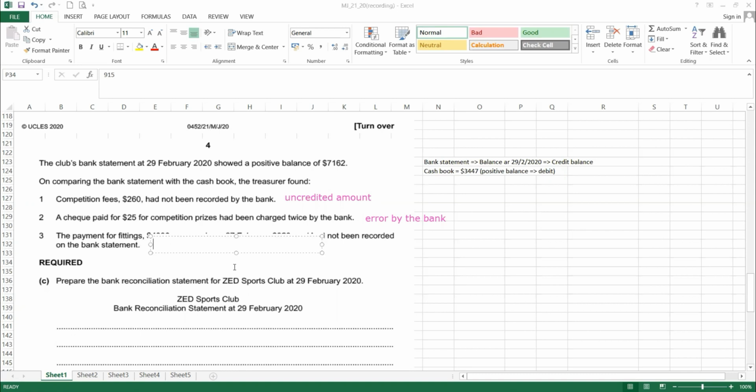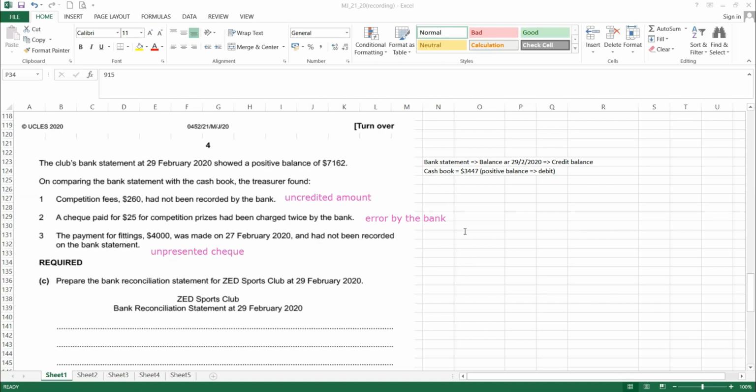This one we call an unpresented check. Okay, so these three pieces of information show us that we must adjust in the bank reconciliation statement.